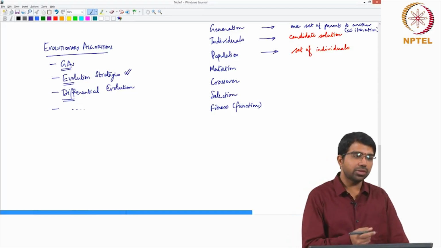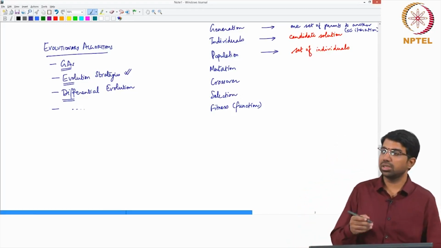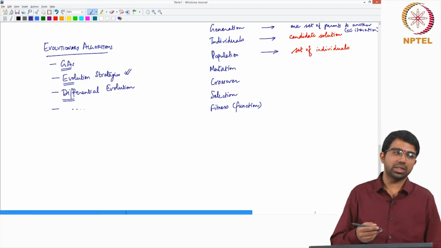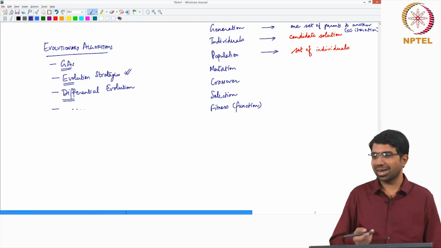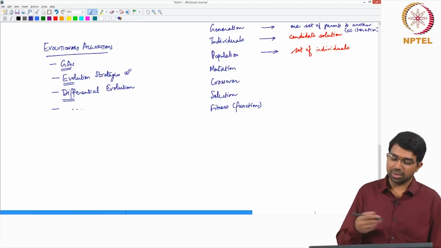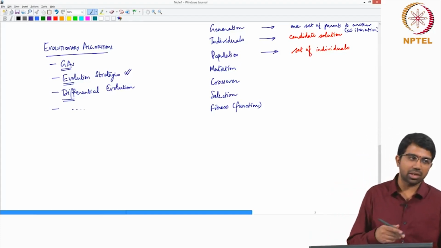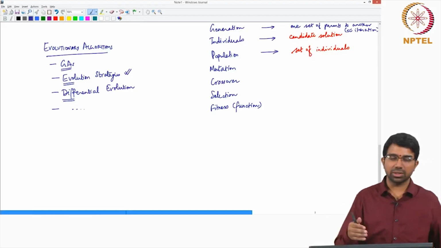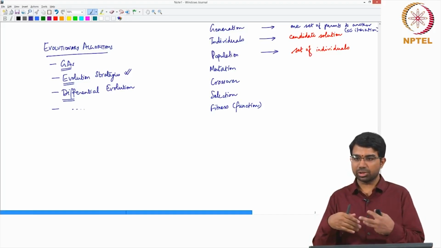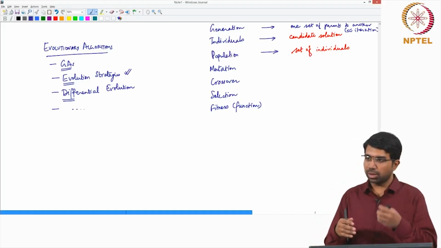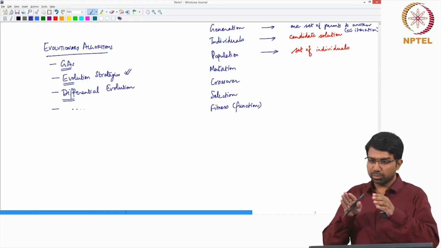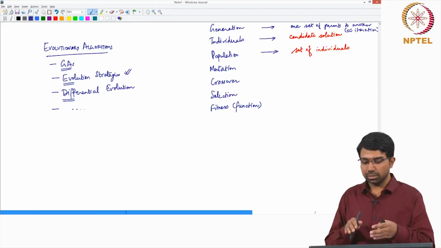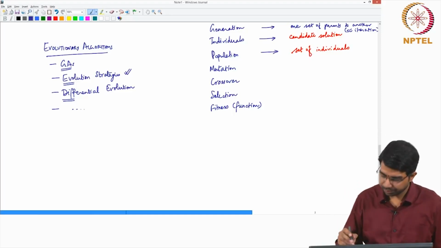All direct search algorithms actually need a theta naught to start with. How you pick that theta naught is also important. Usually random. So in genetic algorithms, we just start with a random initial population, apply evolution, crossover, and so on, and put a fitness selection pressure in the right direction. Let us see how we go about these.